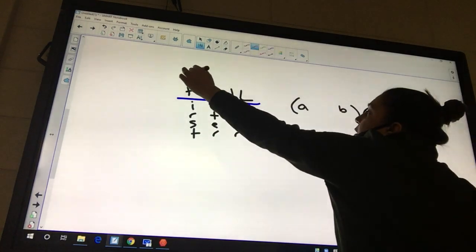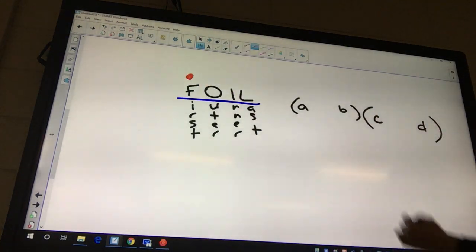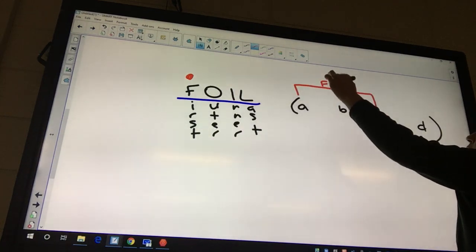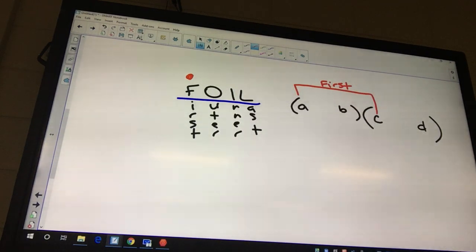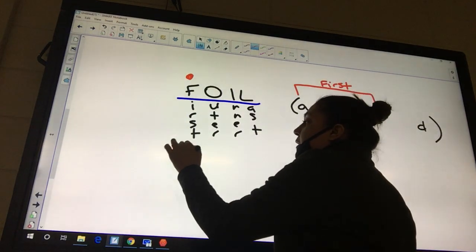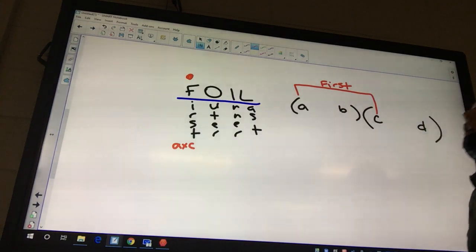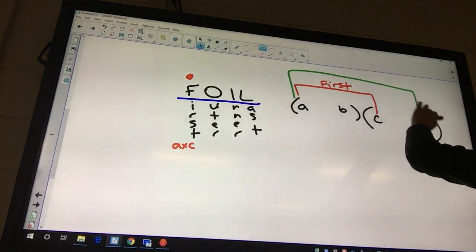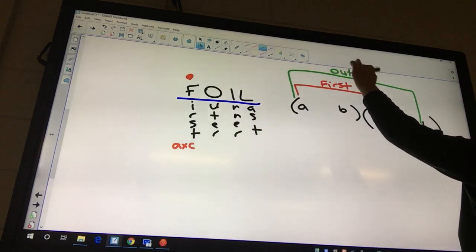So, if we start with the F, we multiply the first 2 terms. It's going to be A times C. This is going to be our first. Below here, I'm going to write A times C. When we do the outer, it's going to be the outside two pieces. This is the outer.